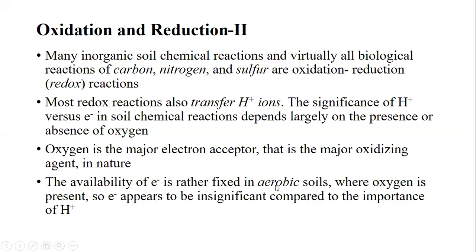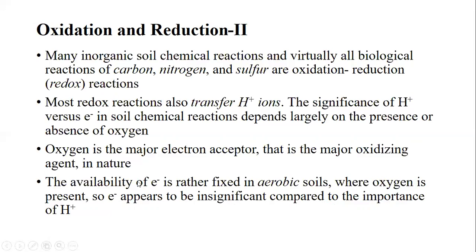That's why we said aerobic means the presence of oxygen, because aeration is good. The presence of the soil air is good, and of course that has oxygen. So electron appears to be insignificant compared to the importance of hydrogen.